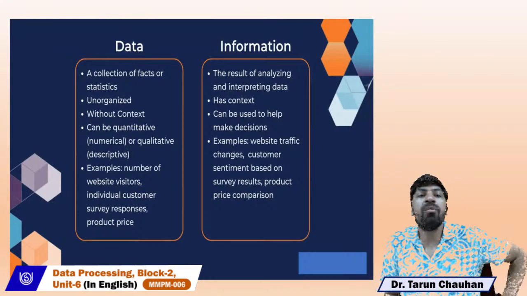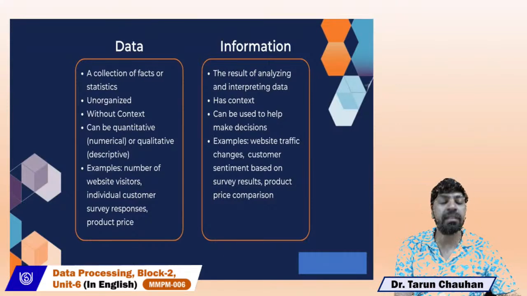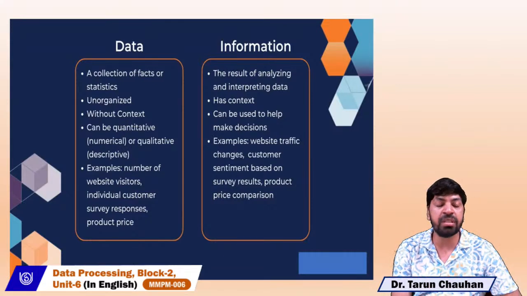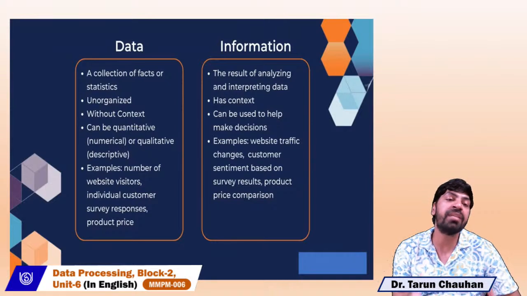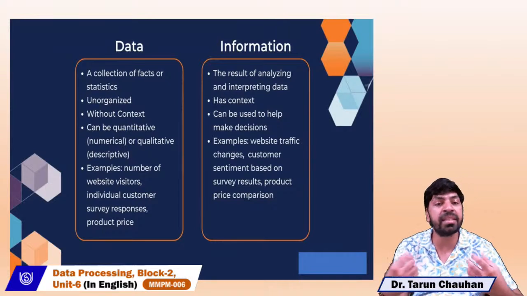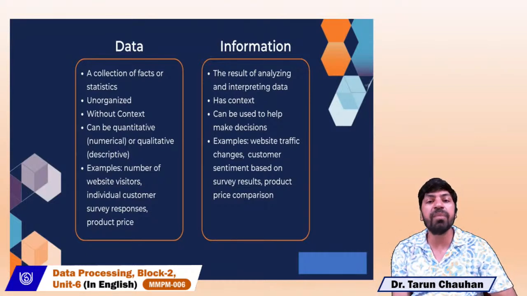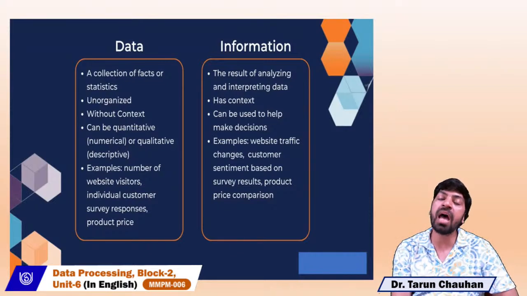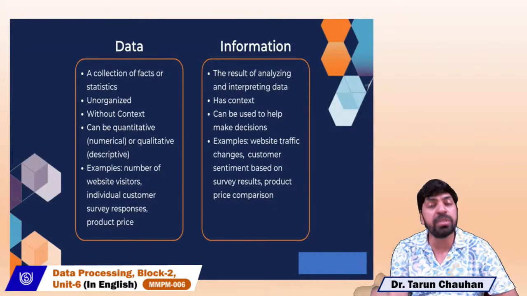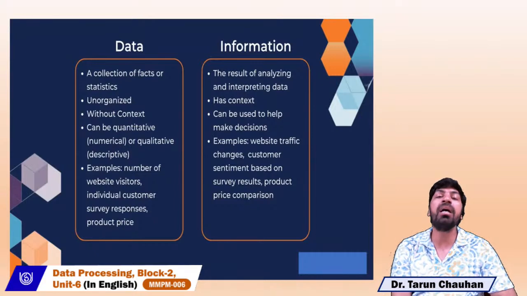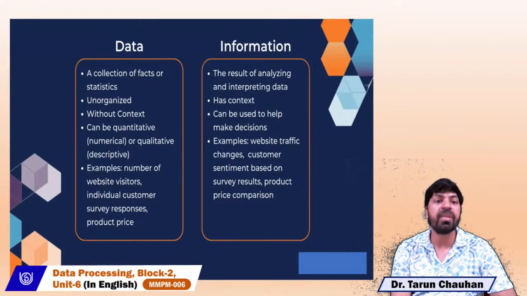Next, data is without information. Data is based on the numerical way, where the exact figures are written down. But in case of information, such data is used for making a proper, meaningful, and impactful decision making process.